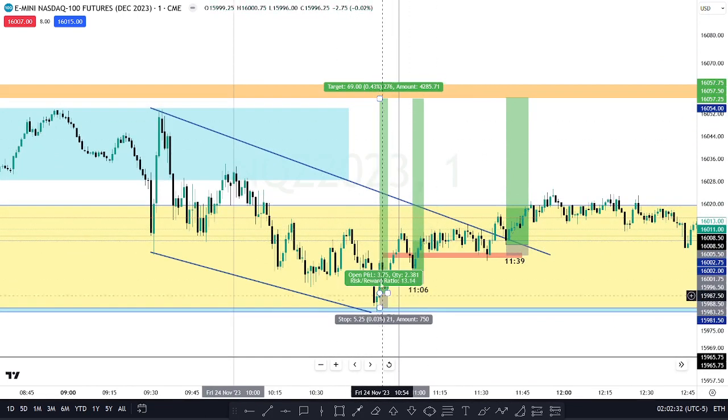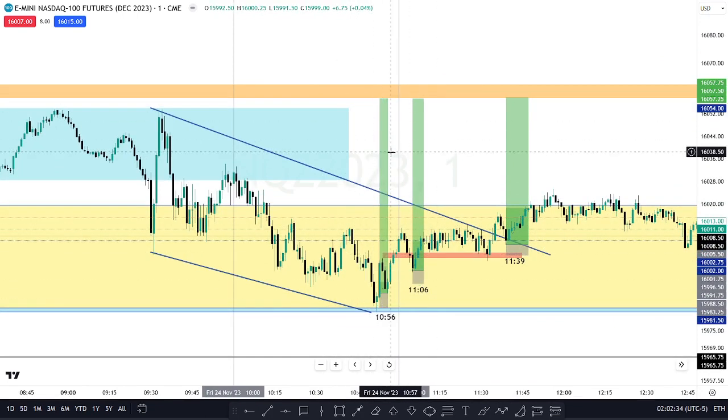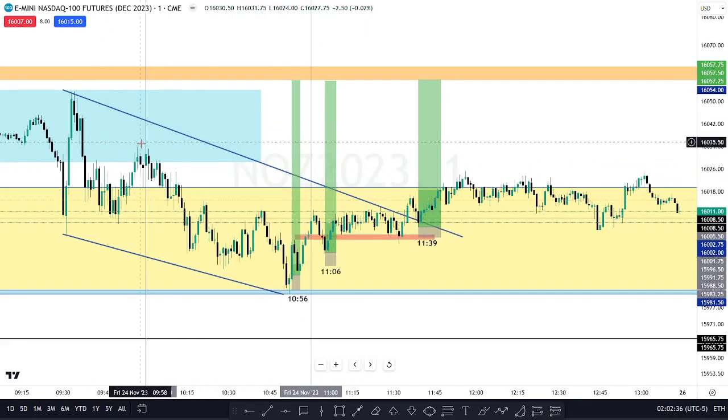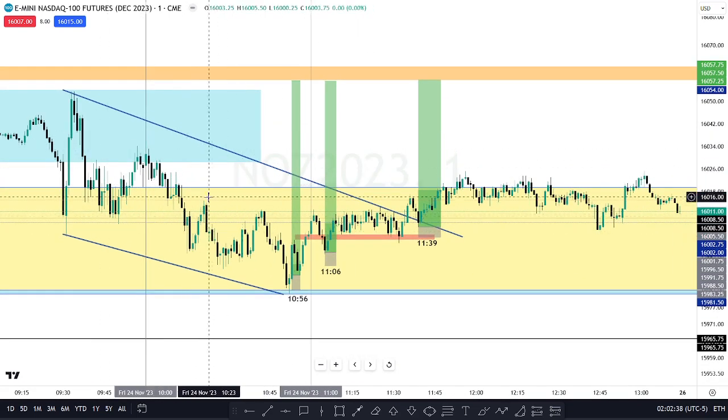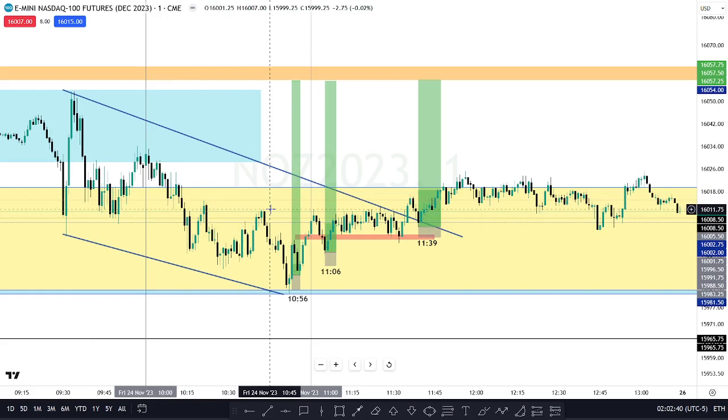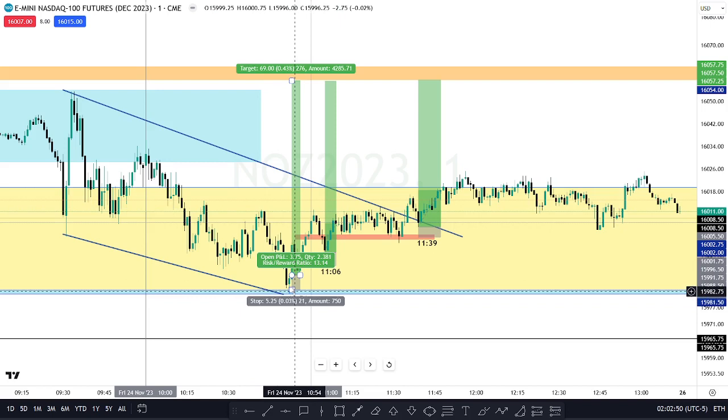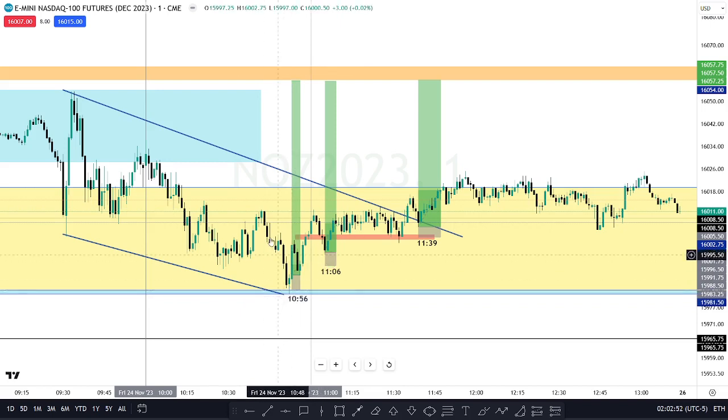So now this came in here. As we break this high, I'm expecting the price not to respect the low. Now that we have broken this high with candles, I'm expecting the price not to come back into this low.